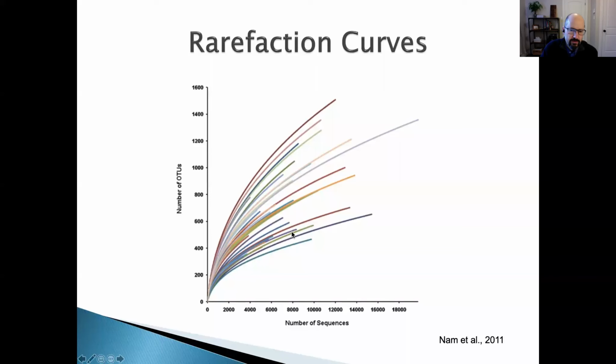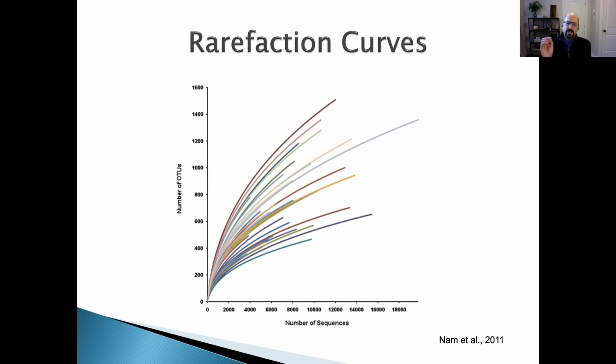There are many different ways to interpret that. For example, one detail of rarefaction curve plots is that you can stretch the plot, and it's going to look like the curves are flat. But in reality, they are not.